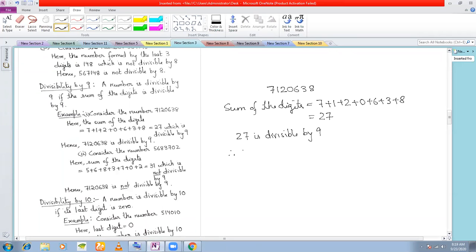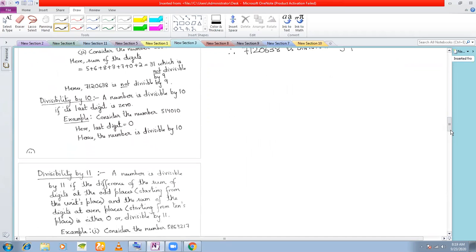So therefore, this entire number is divisible by 9. So this is very similar to your divisibility by 3. I won't take another example in case of 9 because this is very similar to divisibility by 3.